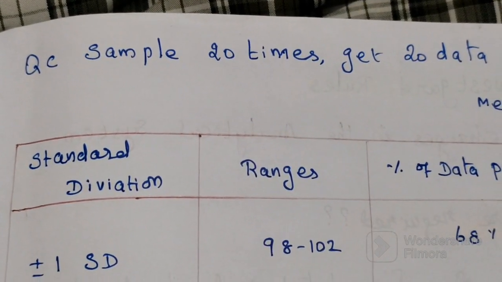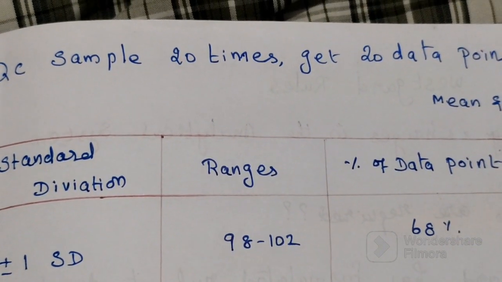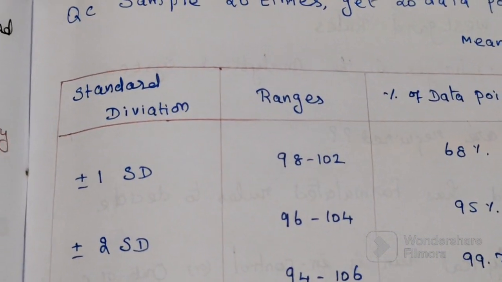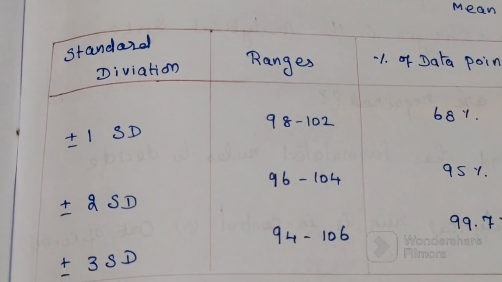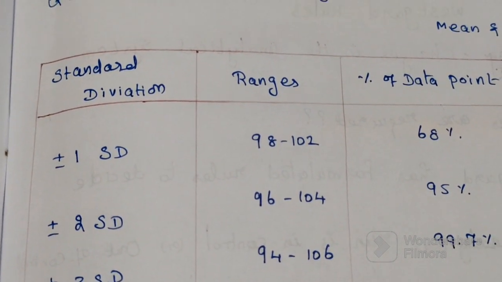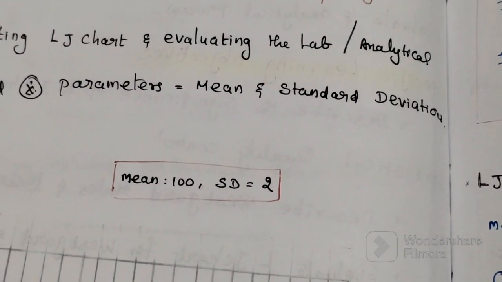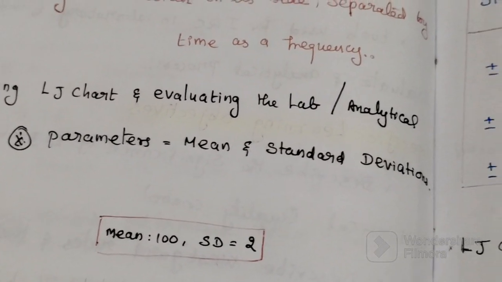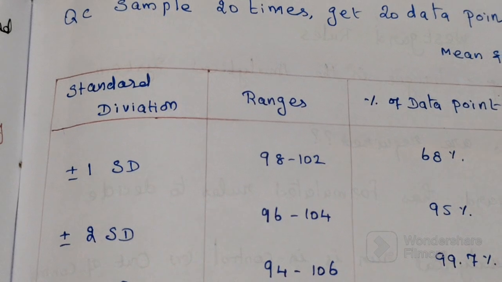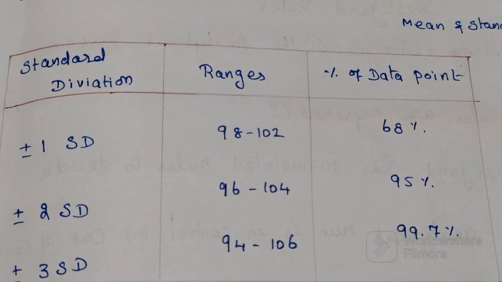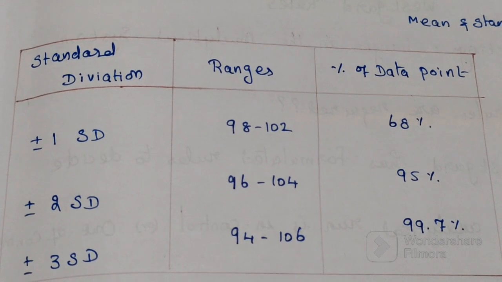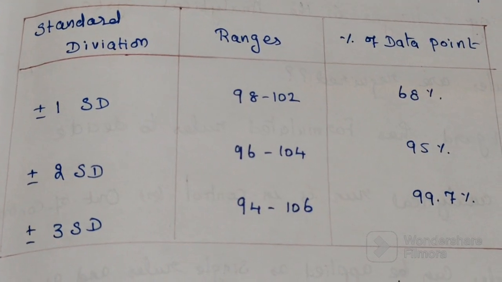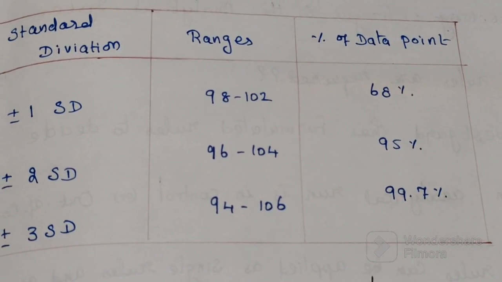We also saw how to calculate plus or minus 1, 2, and 3 standard deviations. With a mean of 100 and a standard deviation of 2, plus or minus 1 standard deviation ranges from 98 to 102, plus or minus 2 standard deviations ranges from 96 to 104, and plus or minus 3 standard deviations ranges from 94 to 106.